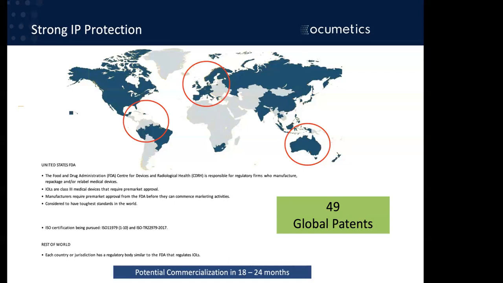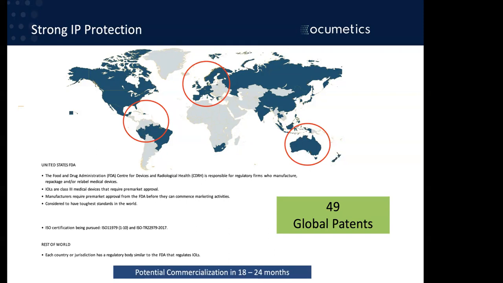The areas that are circled are areas that we are looking at for early potential commercialization once we get through first in human. And when we do early potential commercialization, that is typically referred to as a CE mark or an ISO approval in those countries with those regulatory authorities.